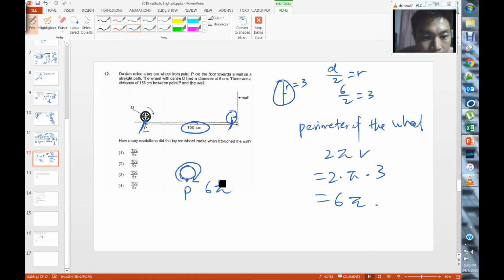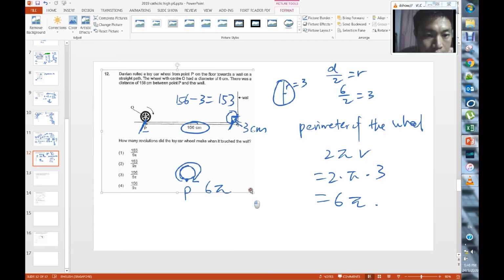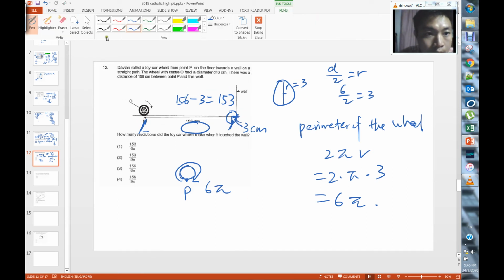That means the wheel has traveled only 156 minus 3, which is 153, because you still have this, which is the radius of the circle. So you still have this 3 centimeter, which is not traveled. Therefore your answer should be 153 divided by 6 pi. Okay, so you should choose 1. Remember, you don't travel this 3 cm here, because you can't go into the wall, right?